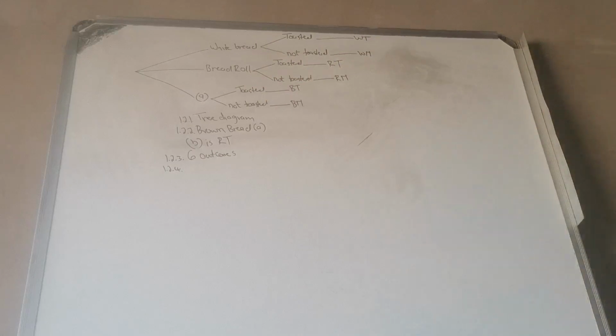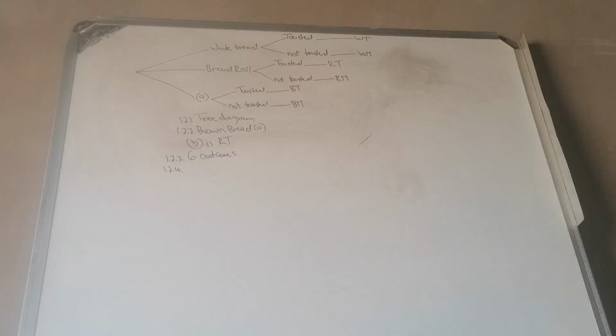Alright. If we look into the statement here, we have white bread W, brown bread B, and bread roll R. The bread or bread roll can be toasted or not toasted. Again, this is the statement. Now regarding question 1.2.4, there are 3 toasted bread.